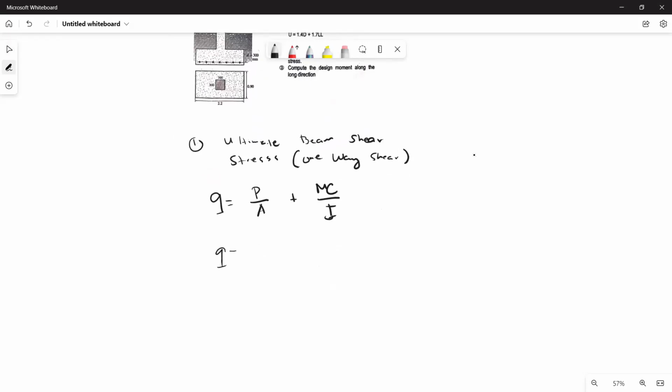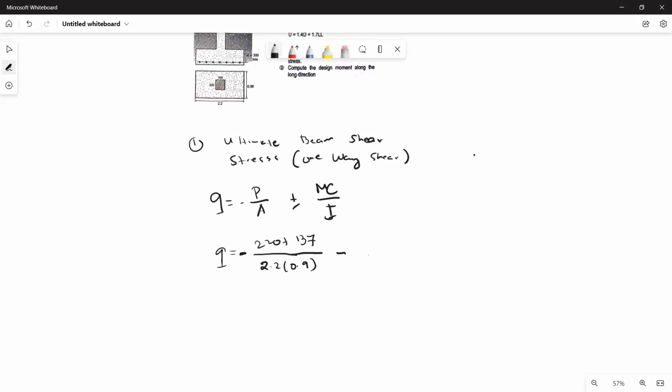Your unfactored loads are 220 plus 137, ito yung total actual load. Ilalagay ko na lang yung negative sign para sa compression. Then also, your area, which is 2.2 by 0.9. Pipiliin natin yung mas malaking maximum pressure, so should be both negative.